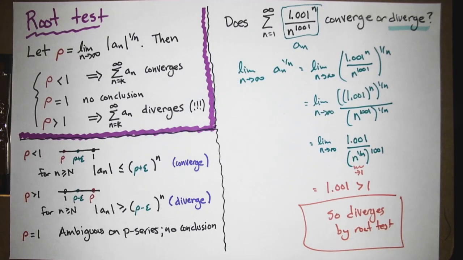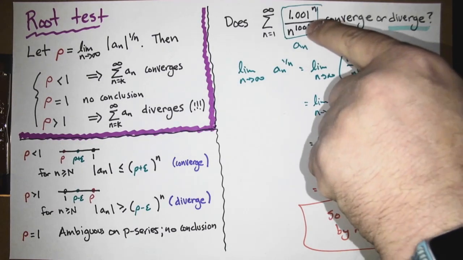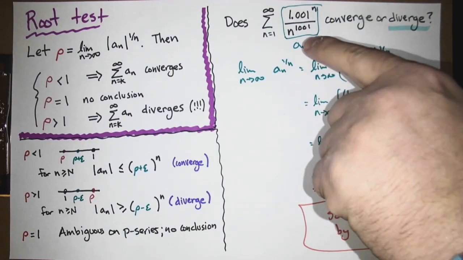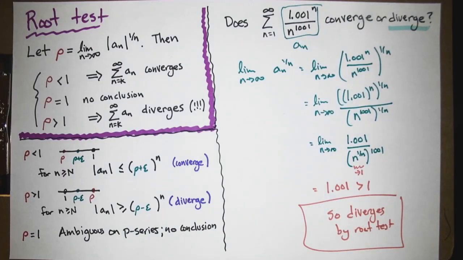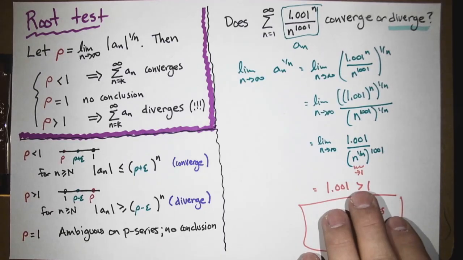So no matter what kind of exponential, even if it's a very small thing, just barely over 1, compared to polynomial, that's very big. In the long run, exponential wins. Exponential wins.